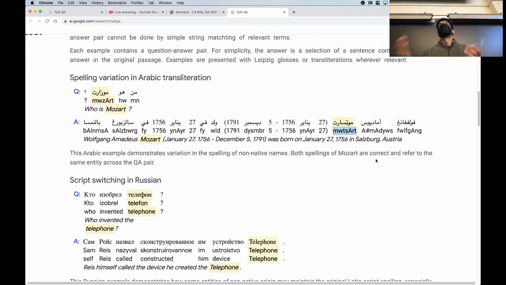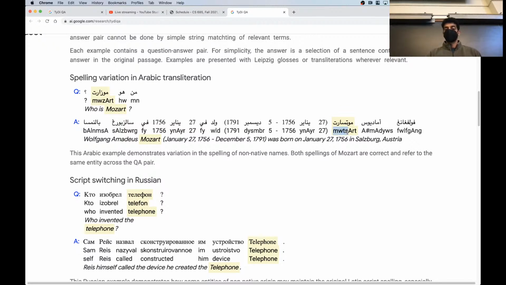So here is a potential issue if you're using a subword-based tokenizer, right? Ideally you would want both of these to refer to the same thing, but obviously if you use a subword tokenizer, these will probably get split up into completely different subwords.